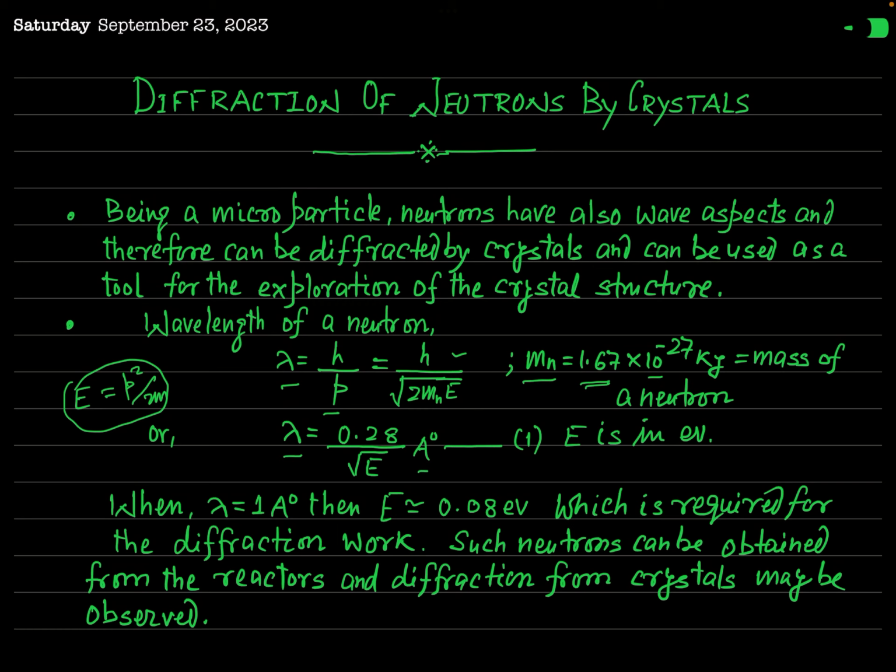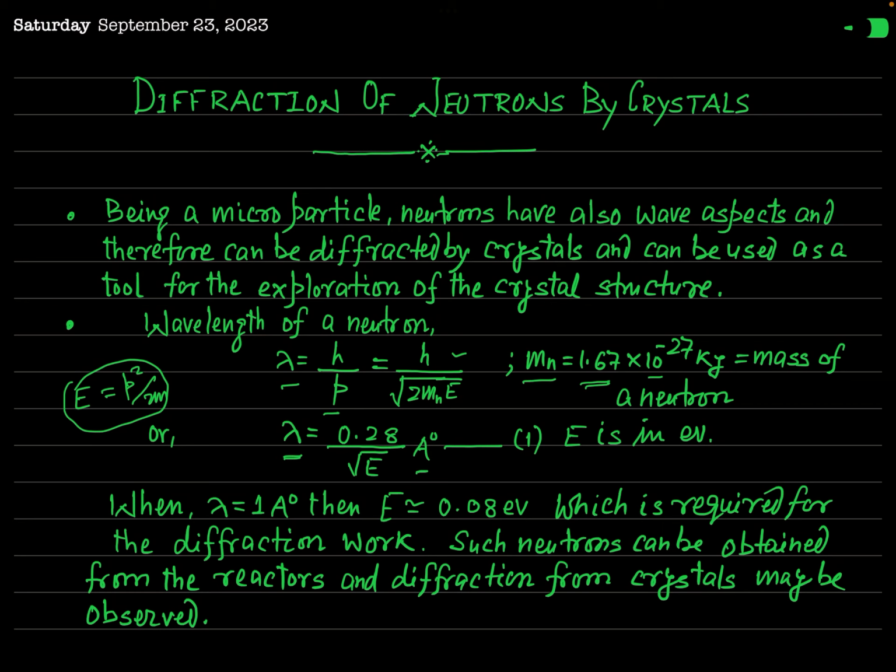Remember, in this expression, E is in electron volt, not in joule. So the wavelength associated with a neutron of energy E electron volt is given by 0.28 divided by the square root of E angstrom. Okay. Now see from this formula.